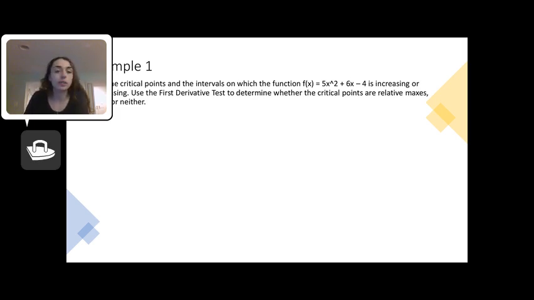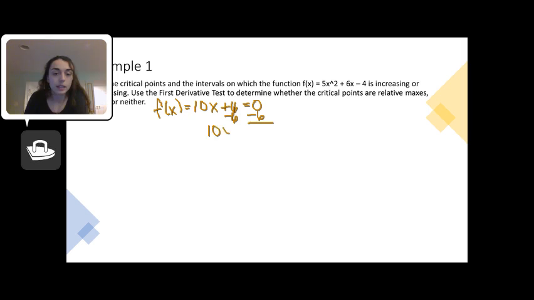So we are always going to start these problems by finding our slope, or our derivative. So f prime of x in this case equals 10x plus 6. We are going to be setting this equal to 0 to find our critical points and solving for x. So to solve for x, we subtract 6 from both sides.